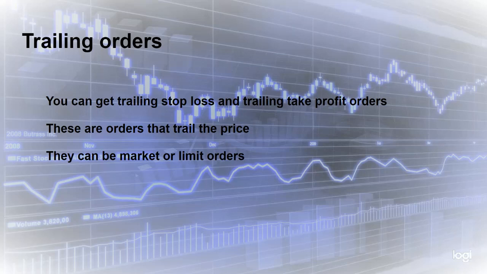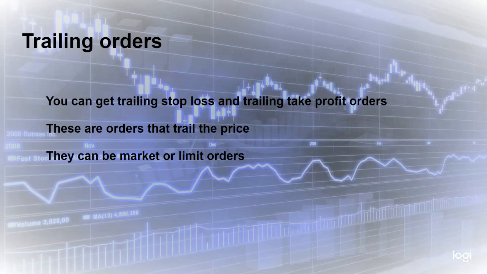So why would you use a trailing order? Say you've got a position, you bought Bitcoin at 9,000 and it's starting to go up. Say it's gone up $100, so then you maybe want to set a trailing take profit order for $50 under that price. So if it comes back to $9,050, your trailing order will take the profit. What you're doing is giving yourself a bit of leeway.